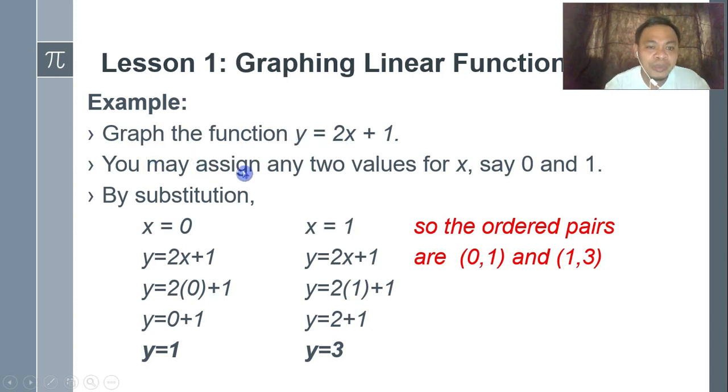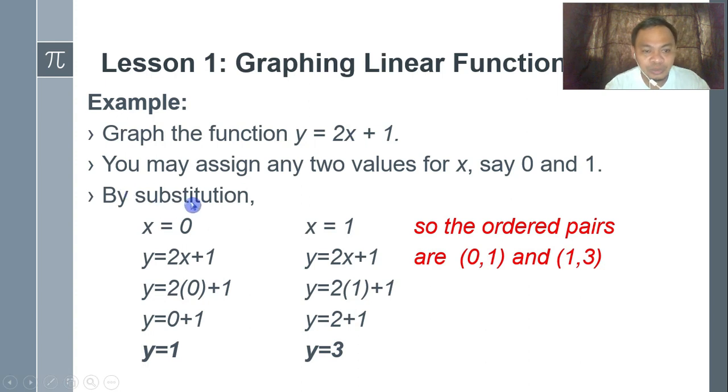Okay, so you may assign any 2 values of x. Okay, so 2 values of x. For example, we have this one. We have 0 and 1. Okay, so ang ating gagawin ay i-substitute natin yung value ni x, yung 0 at saka yung 1 sa ating function. Diba?